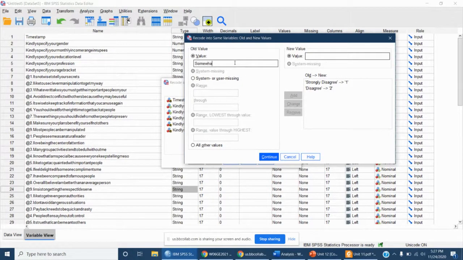Somewhat disagree is basically 3 in my data. Ensure that you are following the same spellings which are in your file, otherwise there will be a problem. Oh, yeah, there is an issue here. Somewhat disagree, we did not add it. Somewhat disagree is indicated by 3. Neutral is indicated by 4. Somewhat agree is indicated by 5.